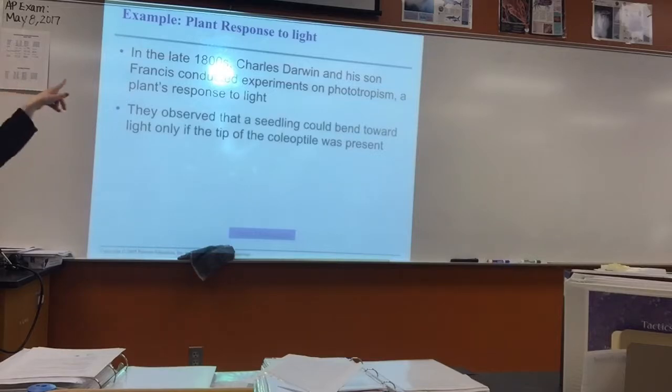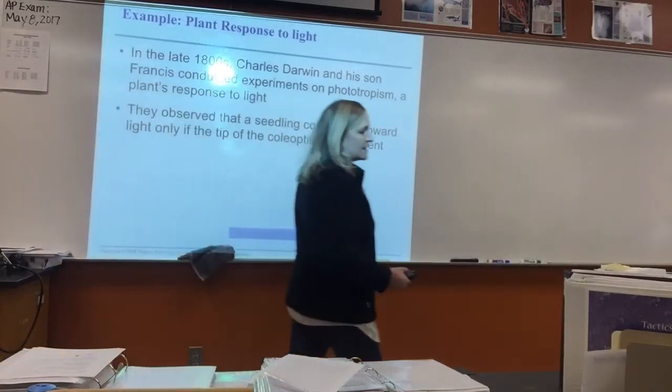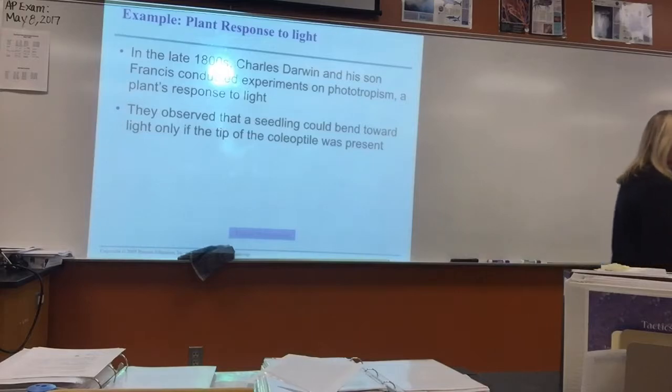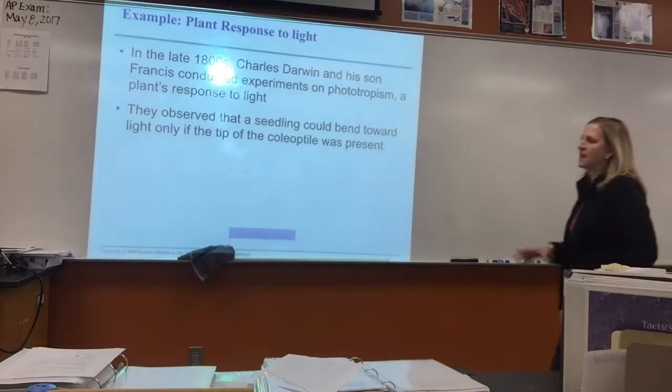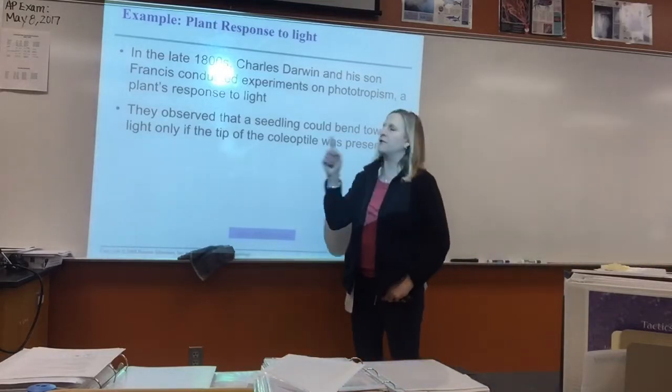Him and his son Francis observed that a seedling, when it's growing, had the ability to bend towards the light. When they saw that plants could bend towards the light, it intrigued them, and so they did some experiments. What they found is that the tip of the plant is key for the bending towards the light.